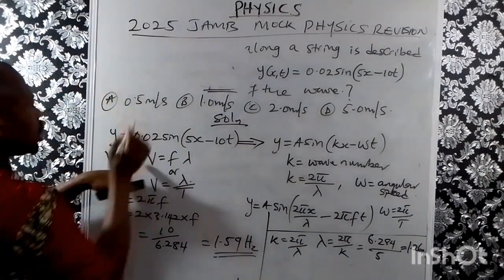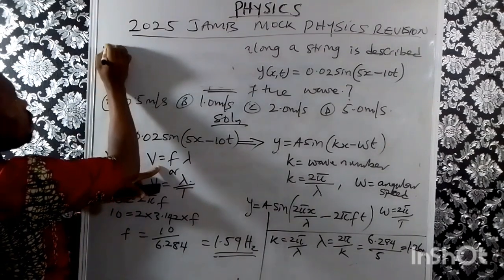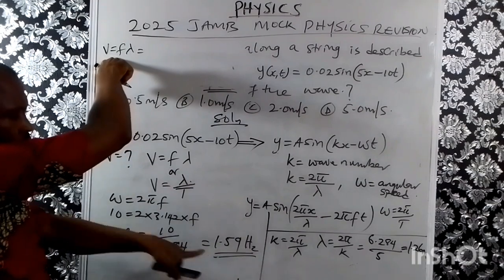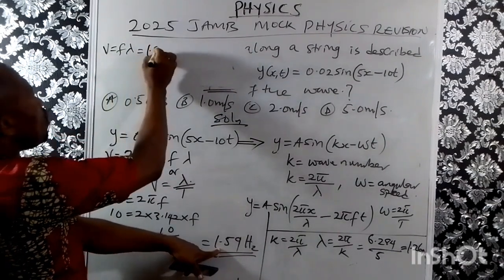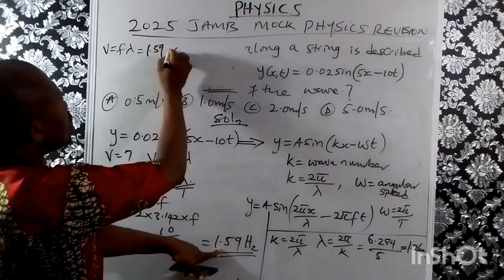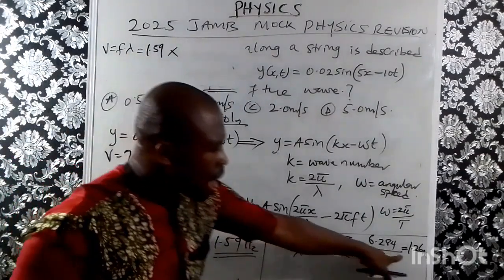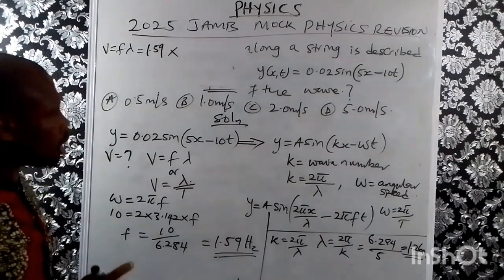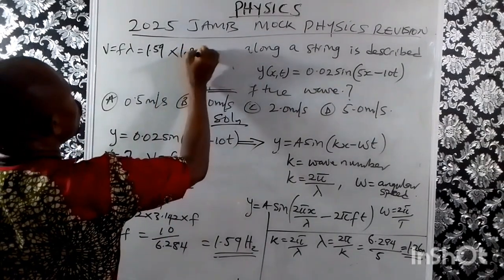Now all we need to do is bring this equation. V is f lambda, which will give us f is 1.59 multiplied by lambda. Lambda is this value, 1.26.